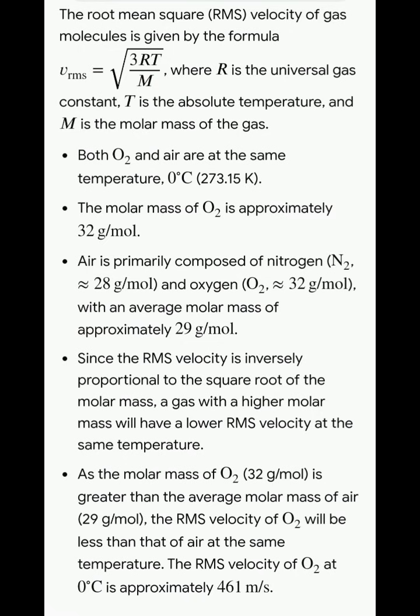Since the RMS velocity is inversely proportional to the square root of molar mass, a gas with higher molar mass will have a lower RMS velocity at the same temperature. So as the molar mass of oxygen is greater than the molar mass of air, the RMS velocity of oxygen will be less than that of the air at the same temperature. That means the RMS velocity of oxygen at 0 degrees Celsius is approximately 461 meter per second. So here the answer is option B.